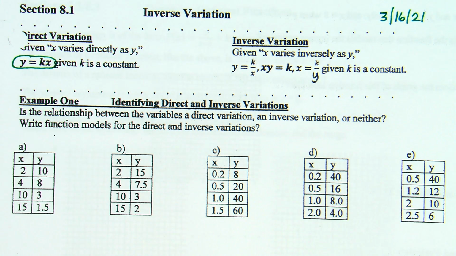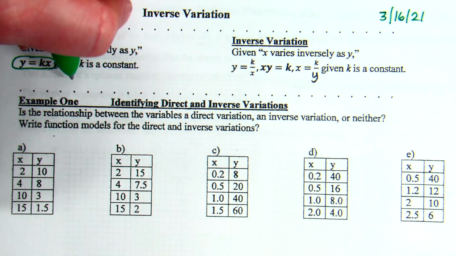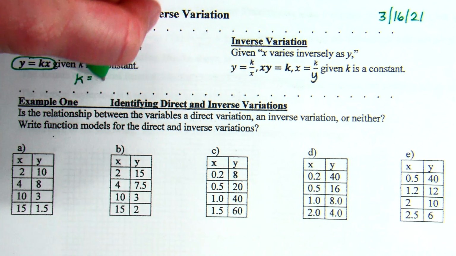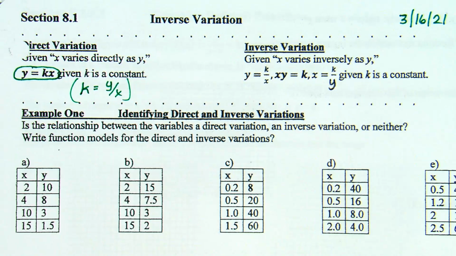So when we talk about direct variation, y equals kx. Now, there's a variation of this equation we'll also use. We'll use this y equals kx a lot. But if we solve this equation for k, what does it look like? If you were to get k by itself, we would have to divide by x, and k would be equal to y divided by x.